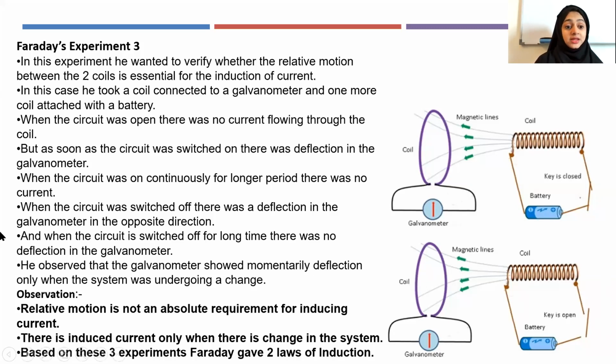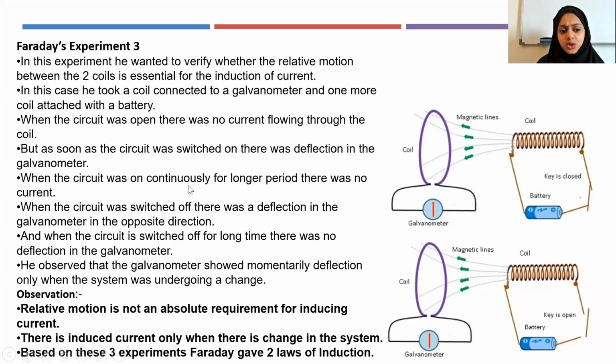Then what happened? As soon as the circuit was switched on, there was deflection in the galvanometer. See, both of them are not moving. But when I switched on, the magnetic field increases from 0 to 5 Tesla, and suddenly the galvanometer shows a deflection in the coil which is kept near to it.